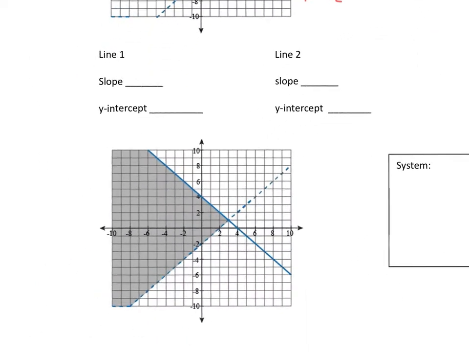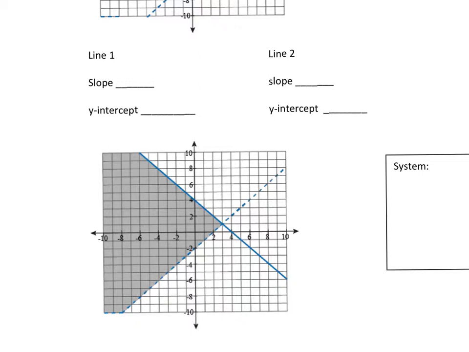Okay, down here, we'll make line 1 this line, and this line 2. Line 1, the slope is negative 1 and the y-intercept is 4. I'm already going to write my system for it.